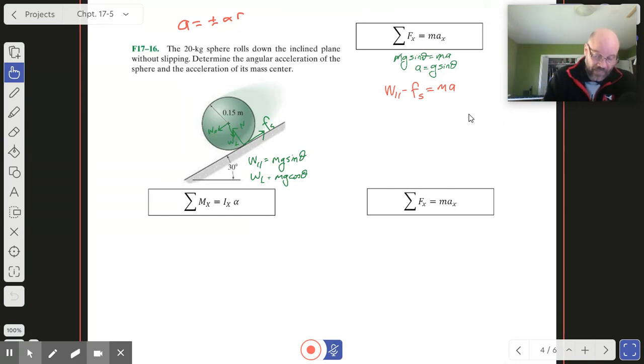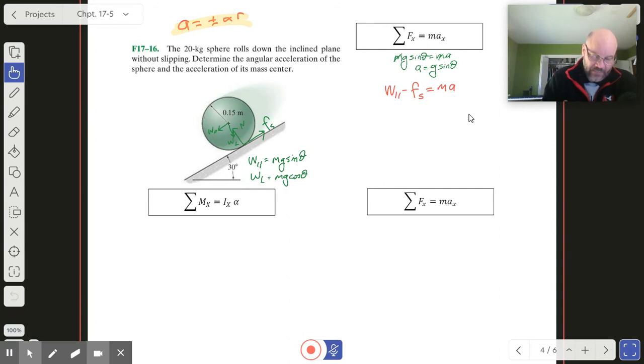But we've got this relationship here between both accelerations. So maybe we don't need to calculate the translational acceleration directly. Maybe we can just calculate alpha. So let's take a look at that.